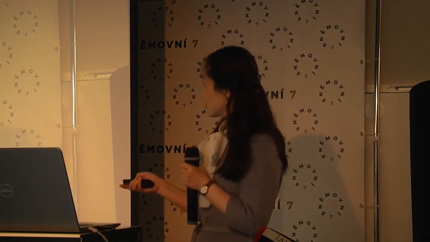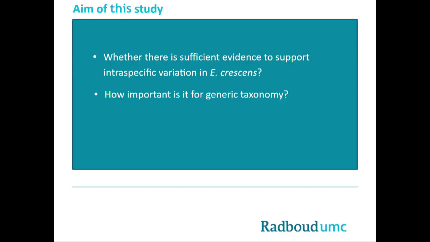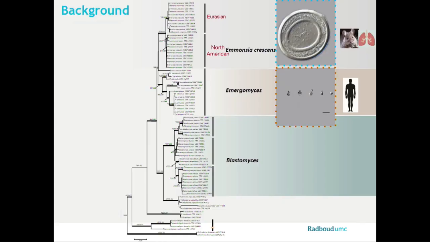Here we can see the starting point. Emmonsia crescens comprises two species, two subclades. One is from Eurasia, another from North America, always associated with geography.